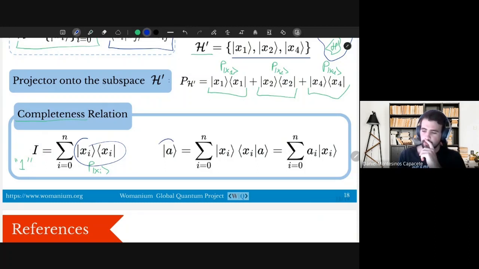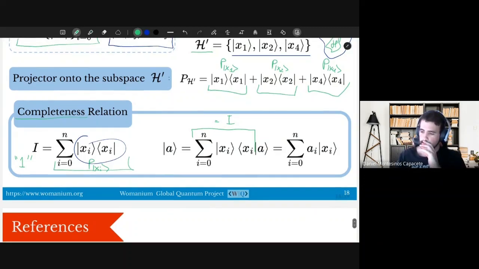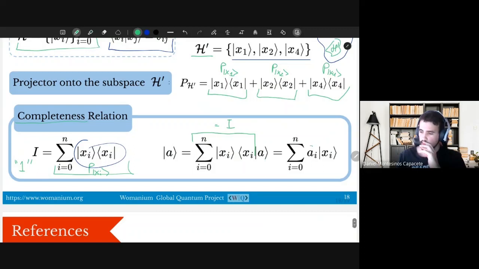This is quite useful because, for example, you have your vector A, and you can introduce this expression because it is like multiplying by one. If I add this whole sum into some expression, it's like multiplying by one, so I can do that without changing anything else. Then we have the scalar product. At the end, I get the general linear combination that we have been discussing a few times: a coefficient times the corresponding vector in the basis.